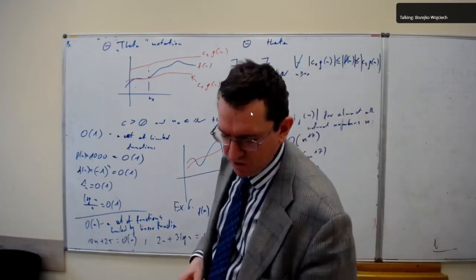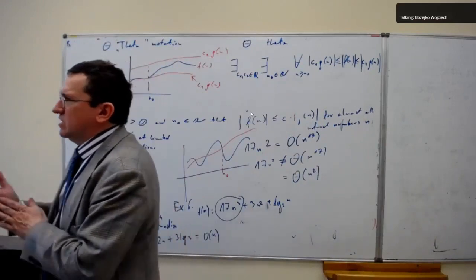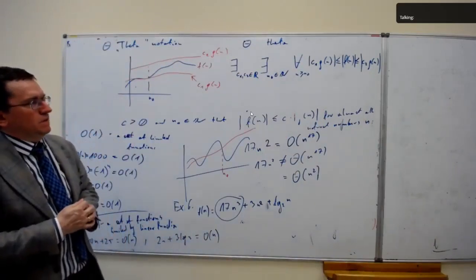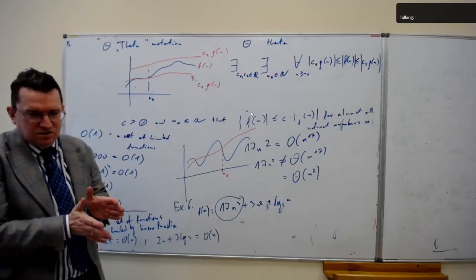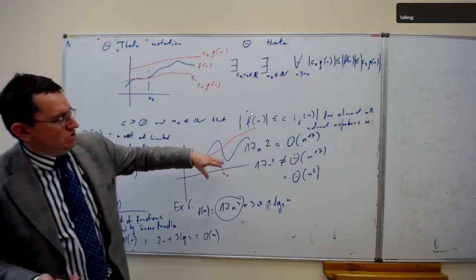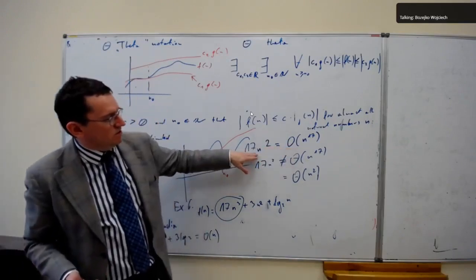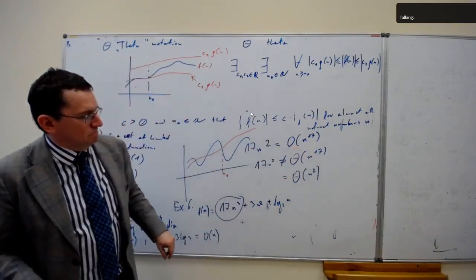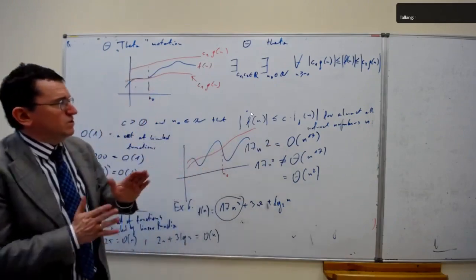This is very frequently used, and tells us that the class of the function is exactly like this. Not that this is greater, like here, that 17n squared is big O of n to the power of 17. This is not theta, but theta is very useful.